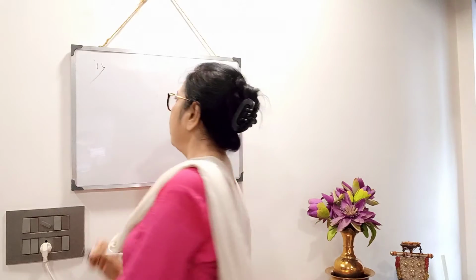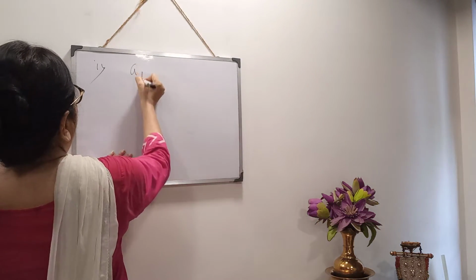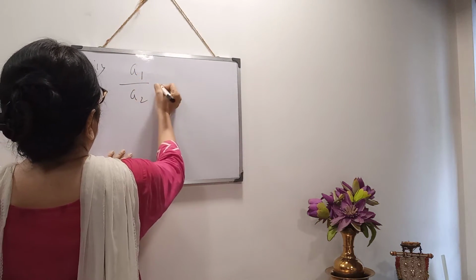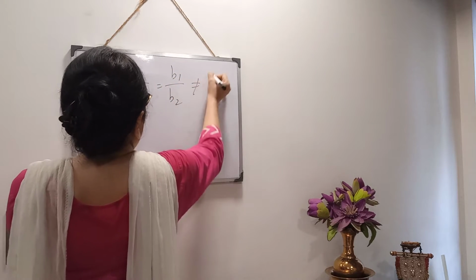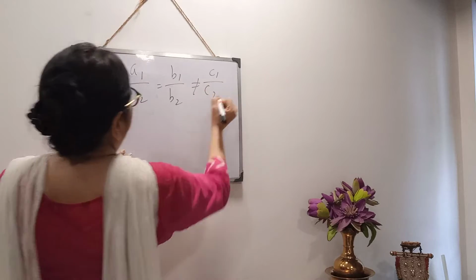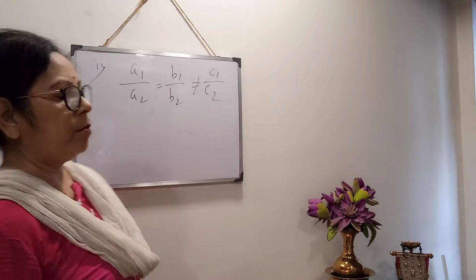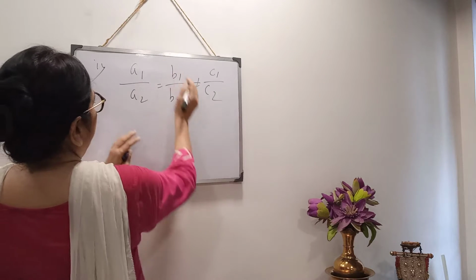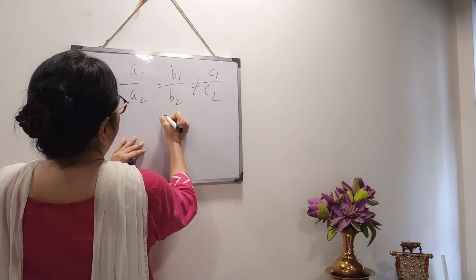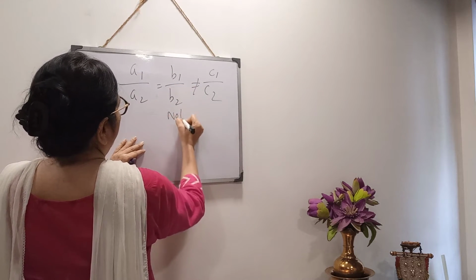Now if we get that a1 by a2 equals to b1 by b2 not equals to c1 by c2, I will explain you afterwards with example, then the equations are not solvable.